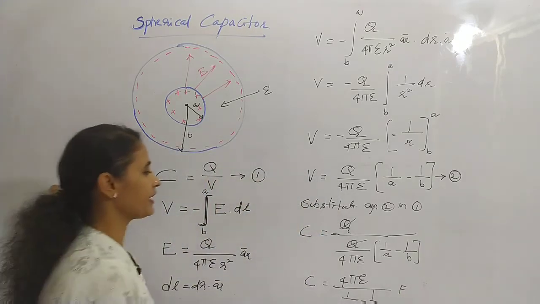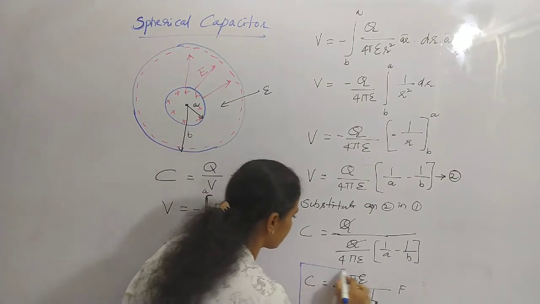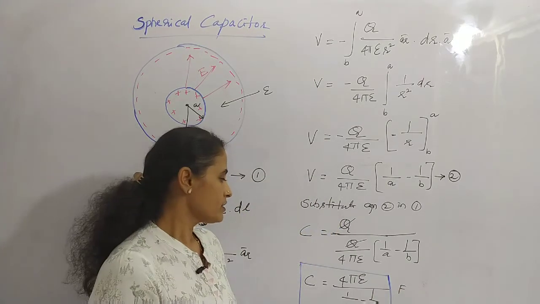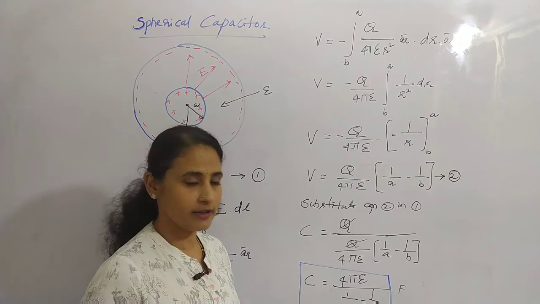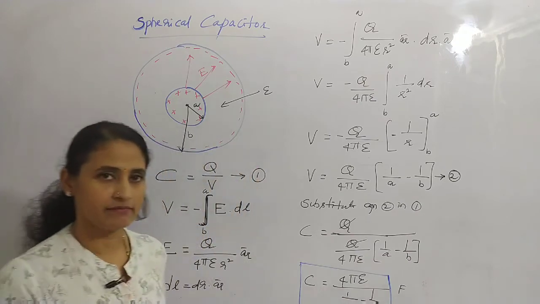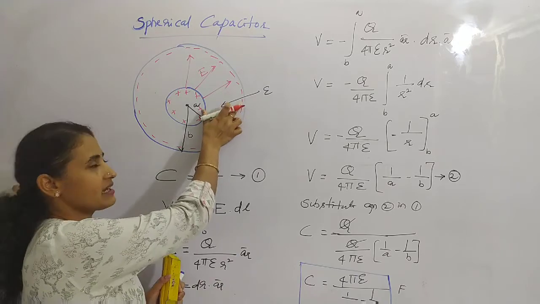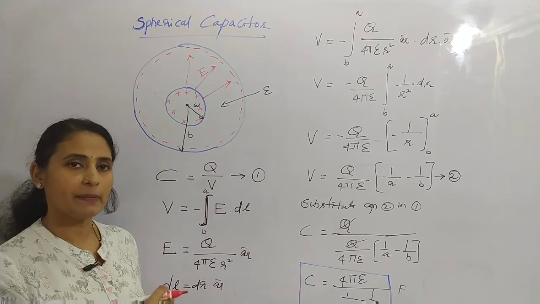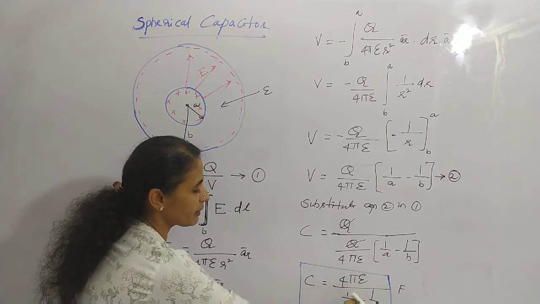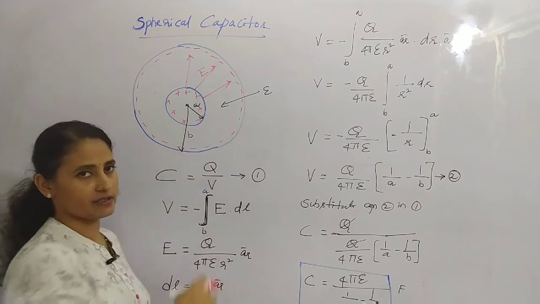This is the capacitance of a spherical capacitor, which is 4 pi epsilon by 1 by A minus 1 by B, where epsilon is the permittivity of the medium between the two spheres or two conductors, and A and B are the radii of both spheres.